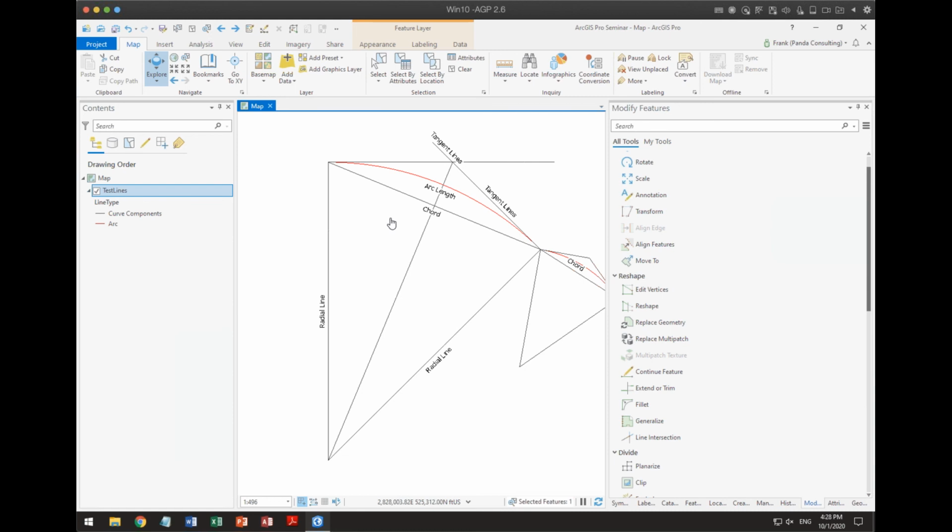If you start thinking of curves as being nothing more than triangles, they begin to make a whole lot more sense. I can tell you that, and I'm going to tell you how old I am now. When I started surveying, we didn't have handheld calculators.